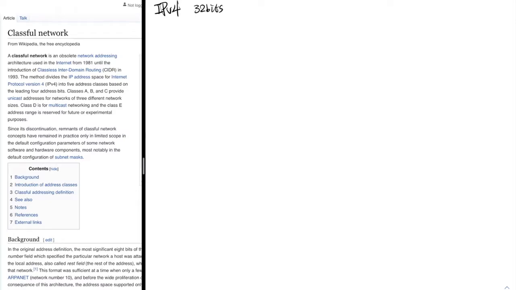So in total we have around that many IP addresses. Almost 4 billion IP addresses can be defined in IPv4. And those IP addresses have different classes.